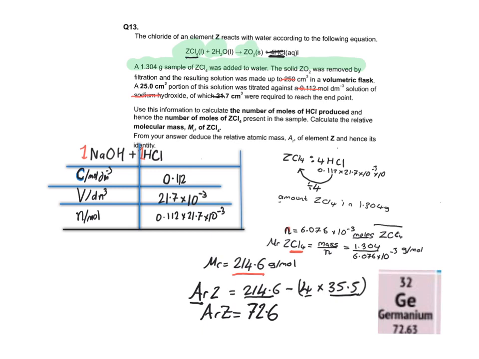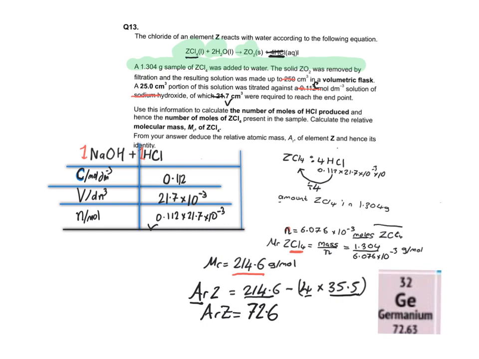So what you should learn from this type of question is that storyboarding is a really powerful tool, and that working to calculate the simplest one first, as soon as you have a concentration and a volume, you could work out the amount of the sodium hydroxide that you had present.